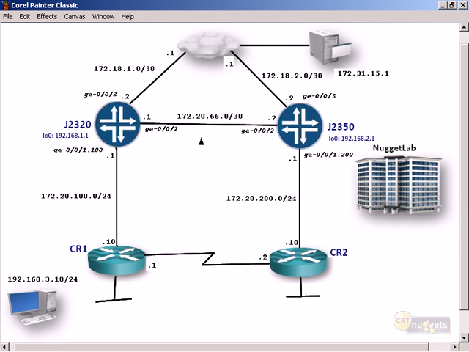Now, what we're going to do here is this. We're going to first create a static route from 2320 here over to the loopback address on 2350, the address of 192.168.2.1. Now remember, it's really important that you use the loopback address as the address that represents that router.